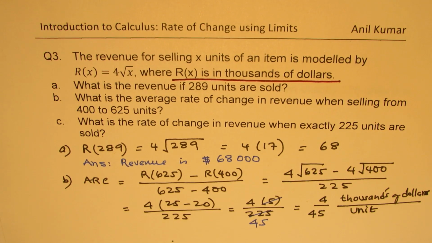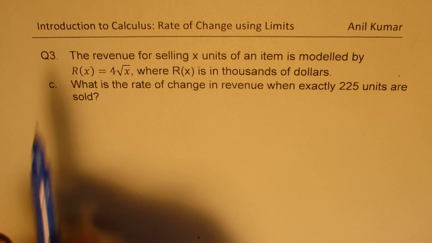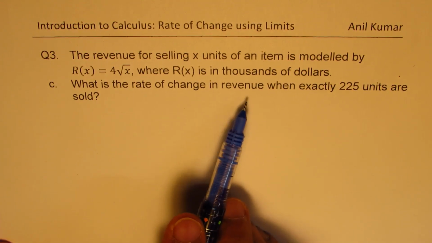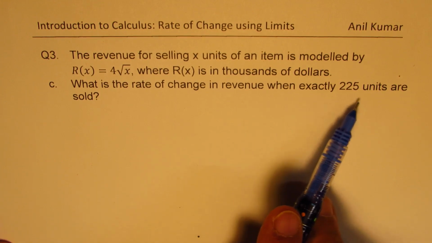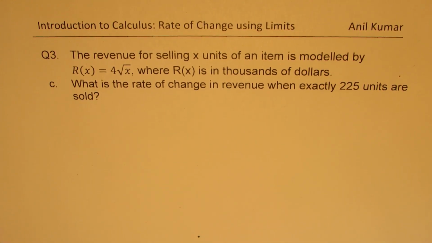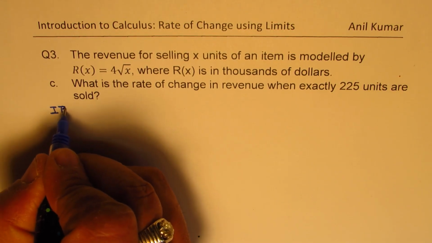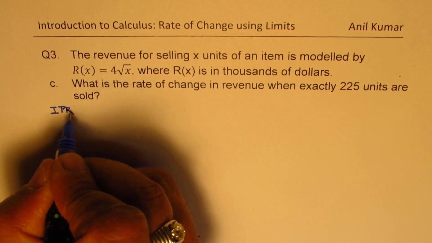Now let's move on and see part C. So question number 3, part C is, what is the rate of change in revenue when exactly 225 units are sold? That means we are interested in finding the instantaneous rate of change, right?